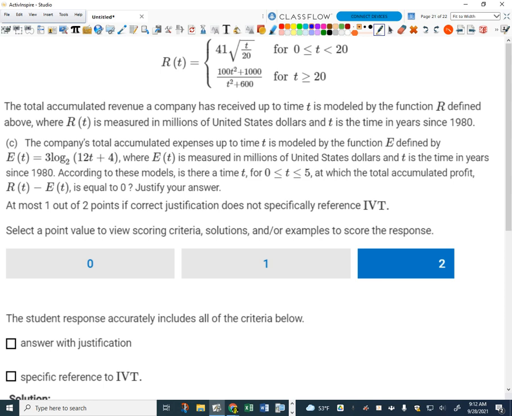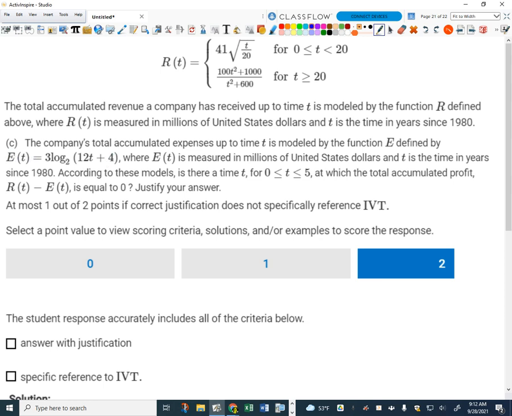I think it's probably the last part then. Okay, so there's the piece from the top again. The company's total accumulated expenses up to time t is modeled by the function E. Here they give us this expense function up here.